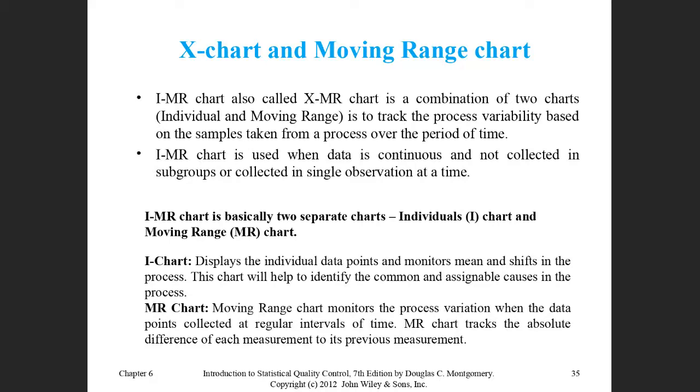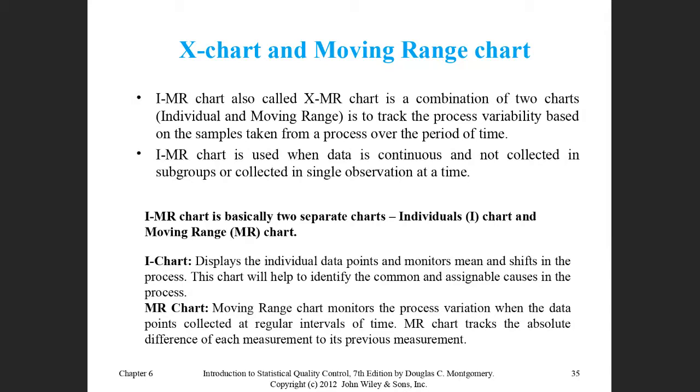And in today's lecture we will talk about our third control chart for variables, the moving range chart, or they call it the XMR or the individual MR. MR stands for the moving range, and X stands for the individual. The XMR chart is a combination of two control charts.